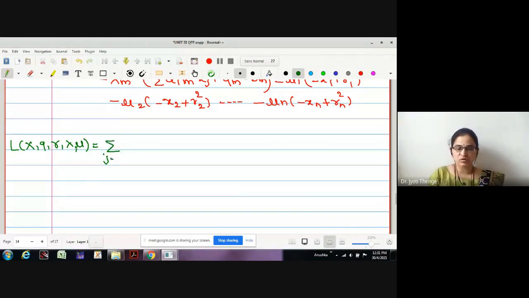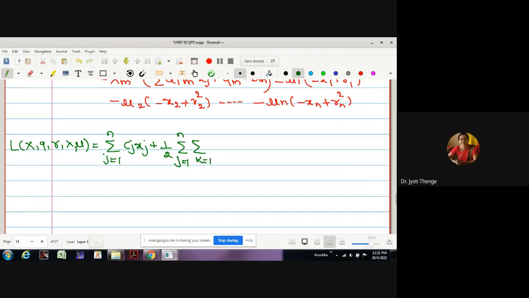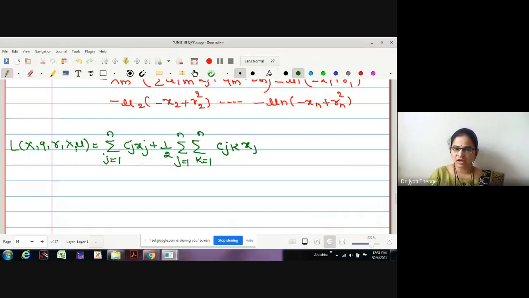What is f of x? Summation j equals 1 to n cj xj plus half double summation j equals 1 to n, k equals 1 to n cjk xj xk. This is the original objective function, minus summation i equals 1 to m lambda i.